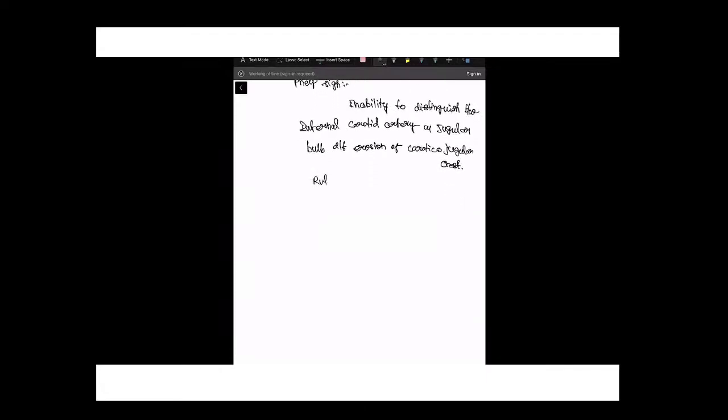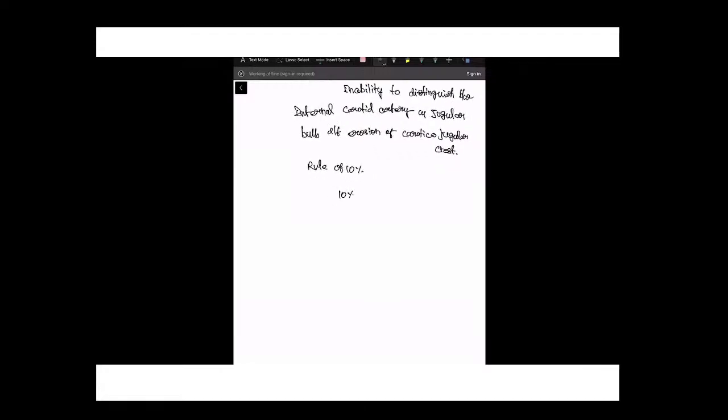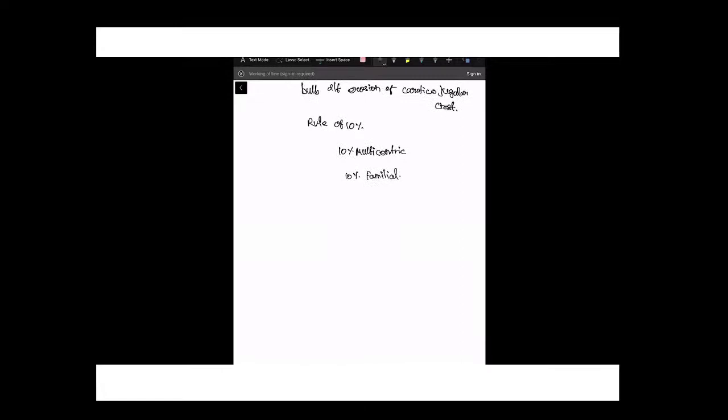We have the famous rule of 10% for glomus tumor. Usually they are 10% multicentric, 10% hereditary or familial, 10% only secretory, secretes catecholamines.